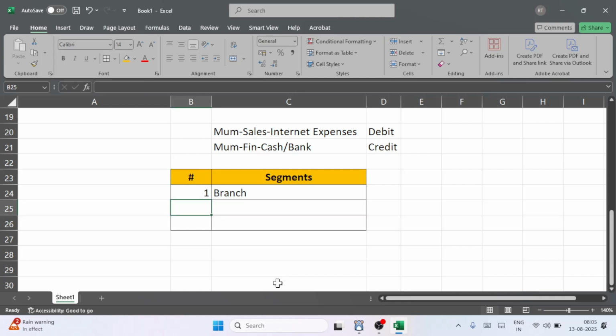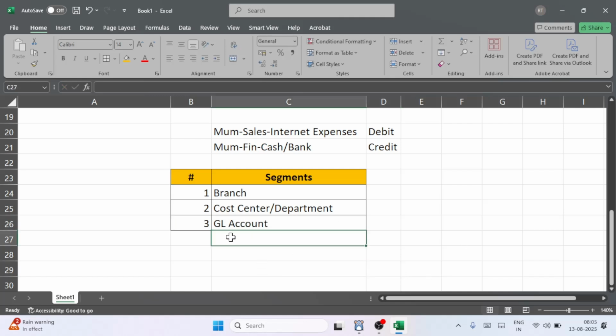The second segment is cost center, also called department. Third, GL account.